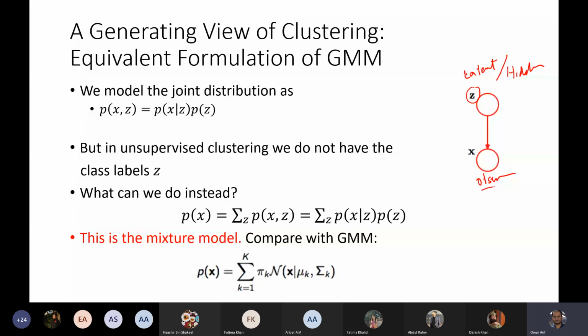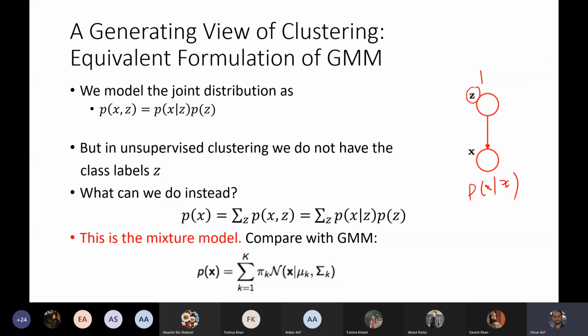Okay, x is our observable variable, z is the latent variable, and there's this dependence relationship between x and z. Now, in case of naive Bayes, if you remember, this probability was called the likelihood probability, and similarly this probability was called the posterior probability, and the objective was to find this posterior probability.